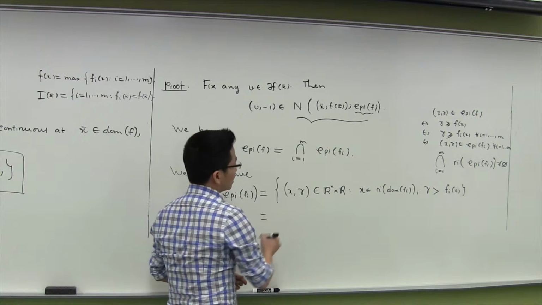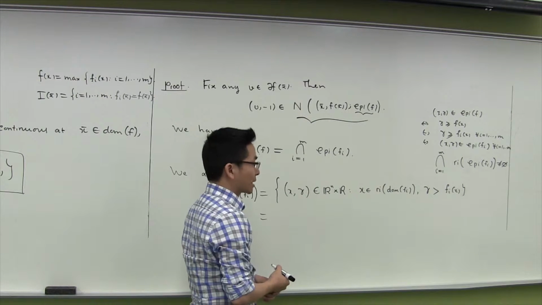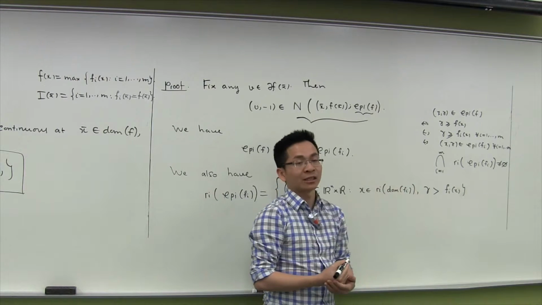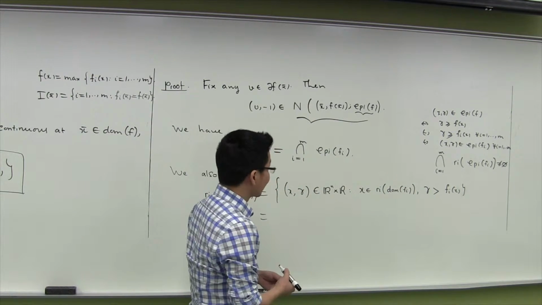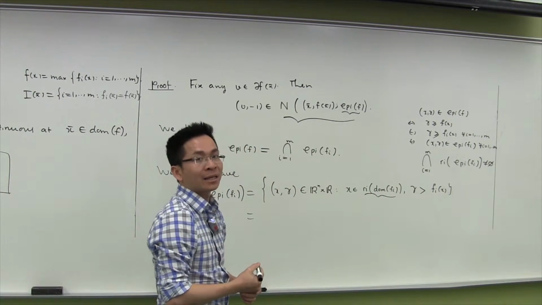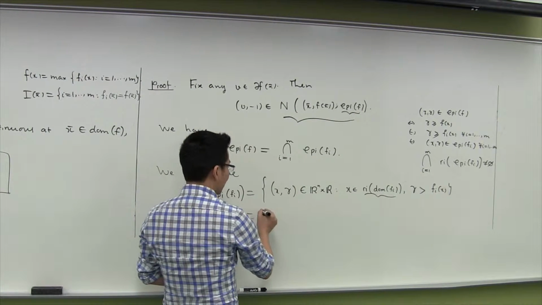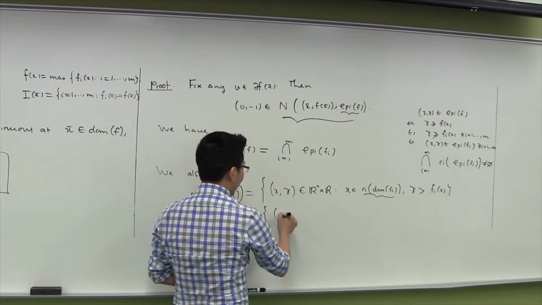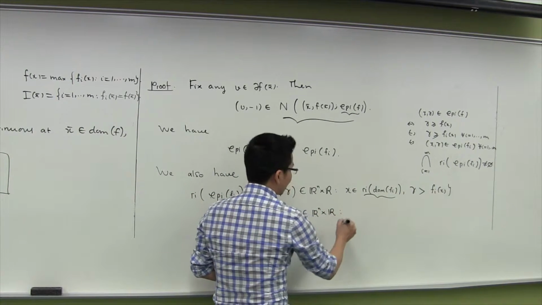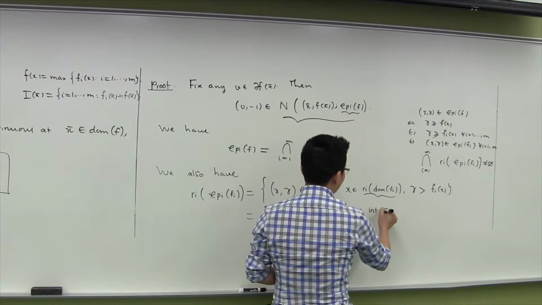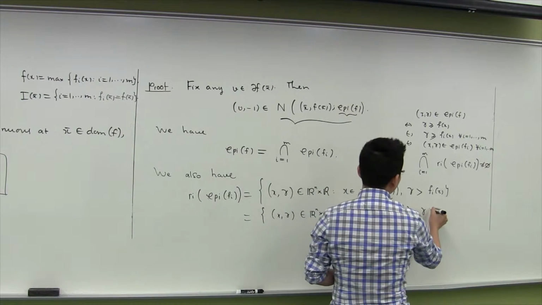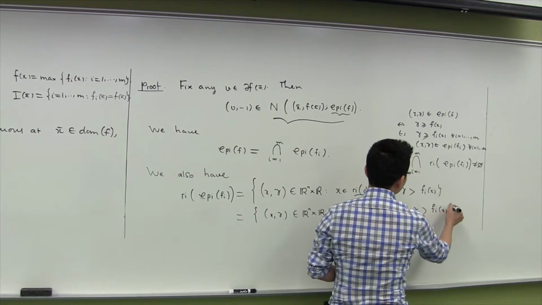Now, because each function fi is continuous at x bar, we see that the interior of the domain of each function fi is non-empty. So by the previous lemma, the relative interior of the domain is the same as the interior of the domain. So this is the set of all x, gamma in Rn times R, such that x is in the interior of the domain of the function fi, and gamma is strictly greater than fi of x. Okay?